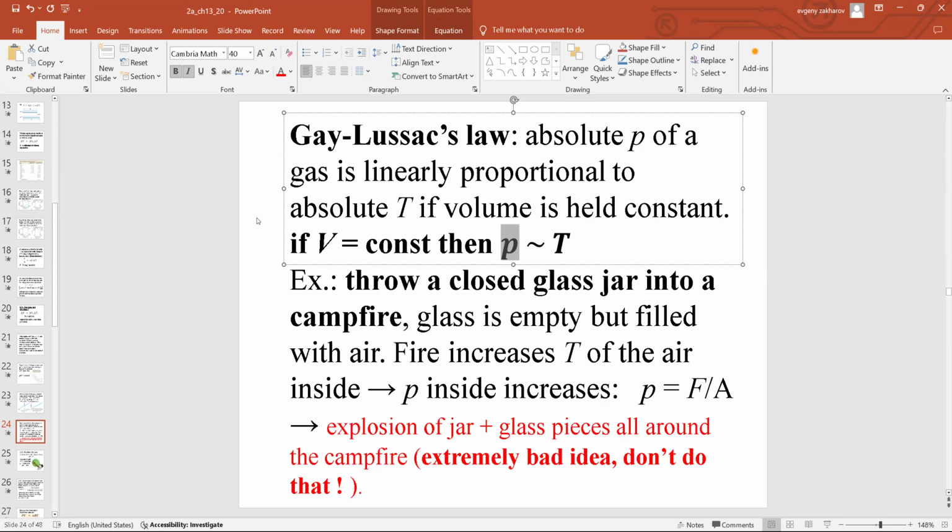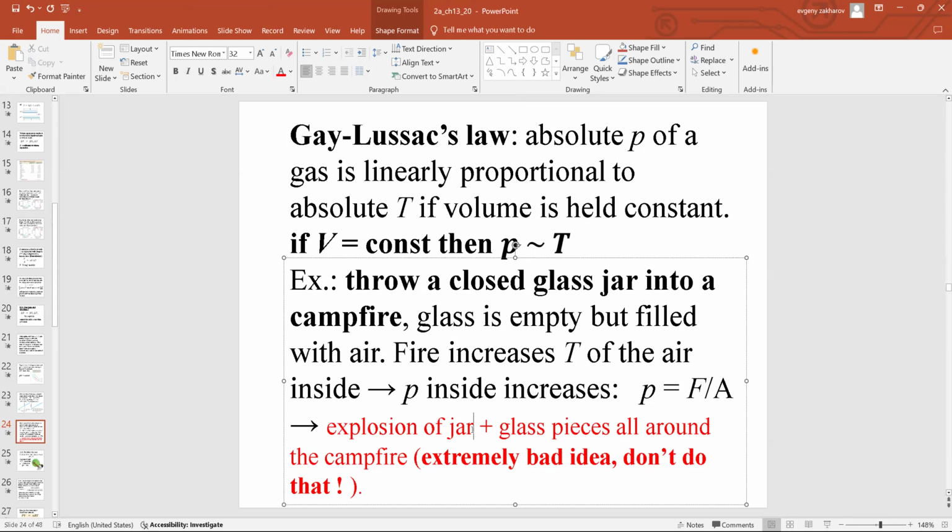Pressure is force per area. So there will be a huge force inside the jar that will force the jar to just blow up. And your campfire will be filled with small pieces of glass that will hurt someone. So the jar is going to explode, and you don't want that explosion. So it's not a fun prank that people will try to do around the campfire. So the more the pressure, the more the temperature, and vice versa. The less the temperature, the less the pressure.